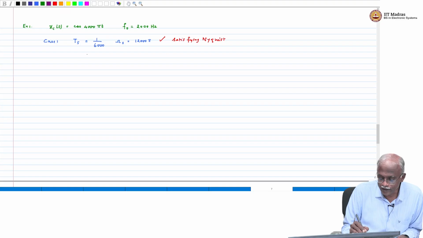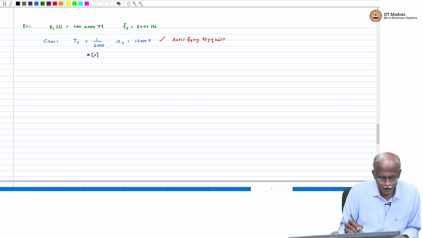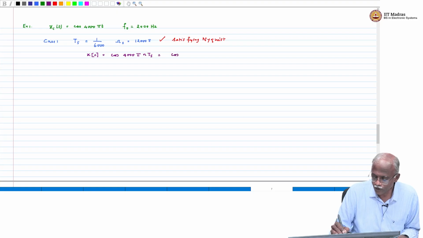So what does the discrete time signal look like when you do this sampling process? This is cosine 4000 pi t. Instead of t, we substitute t equal to n Ts. This is the same as cosine 4000 pi n divided by 6000, since Ts is 1 over 6000.